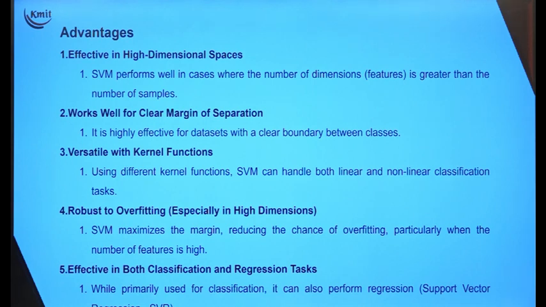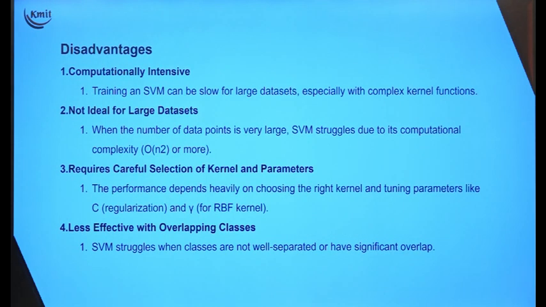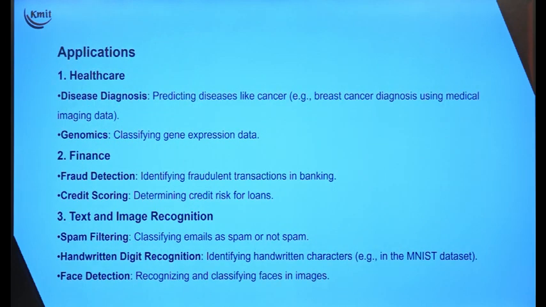It can be used effectively for both regression and classification tasks. Disadvantages: not ideal for very large data sets, computationally expensive because for each complex function you have to apply kernels and then find it. It requires careful selection of kernel and parameters, and is less effective with overlapping classes.